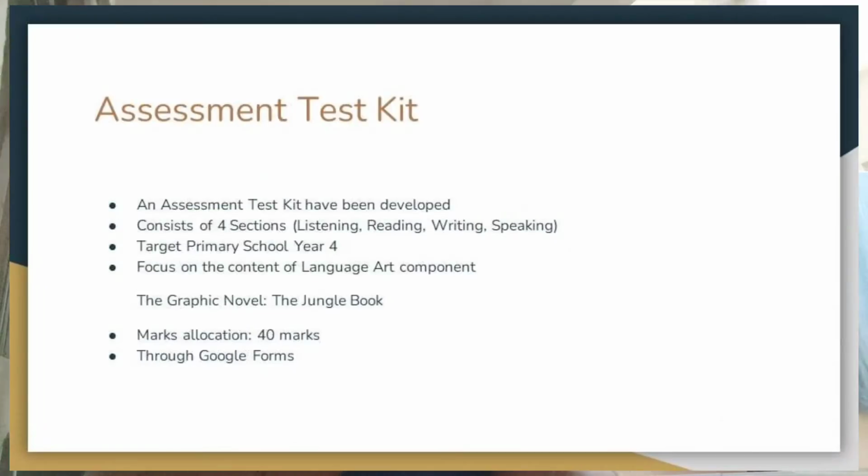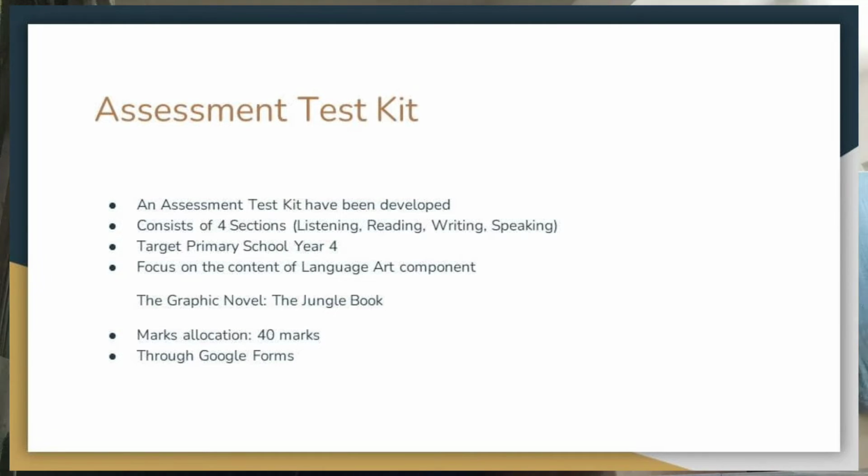Let's look at it. First, an introduction to the assessment test kit. An assessment test kit has been developed and it consists of 4 sections. These 4 sections will assess students' language skills.